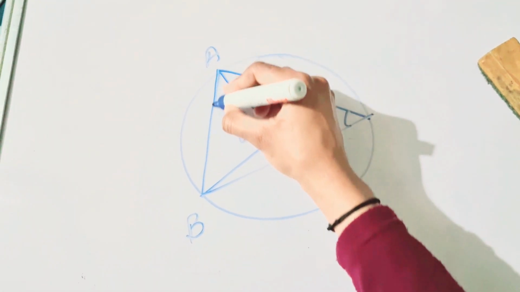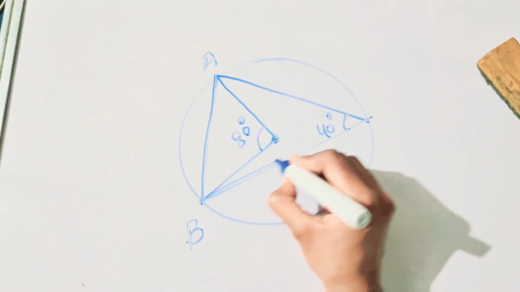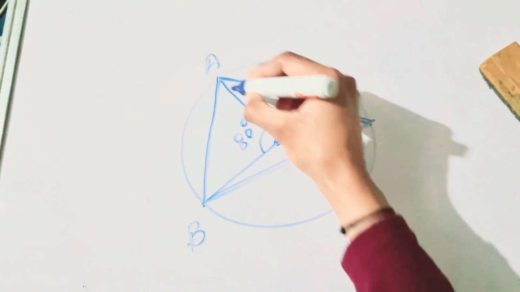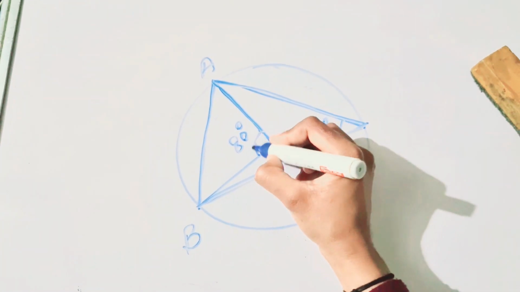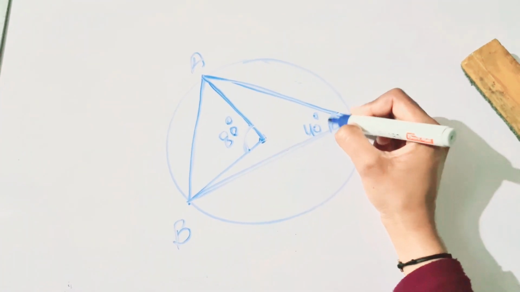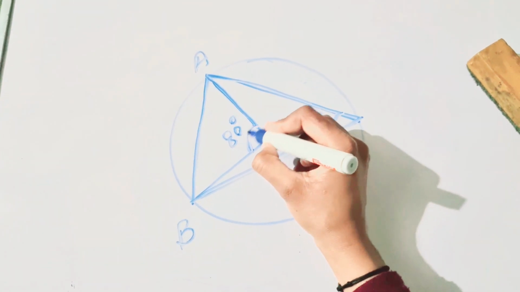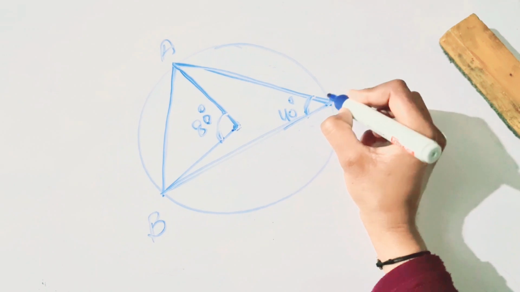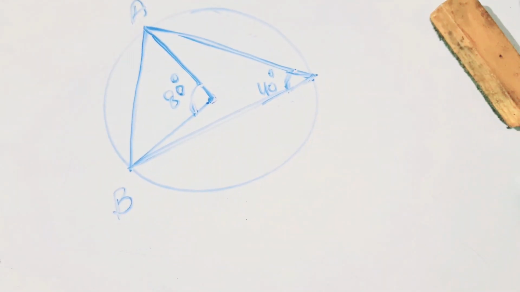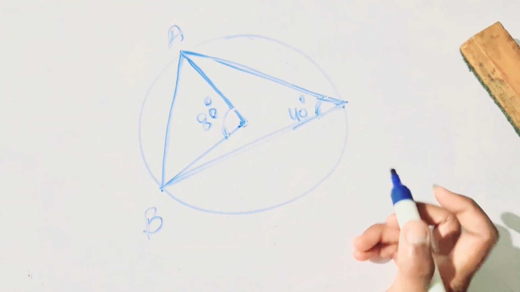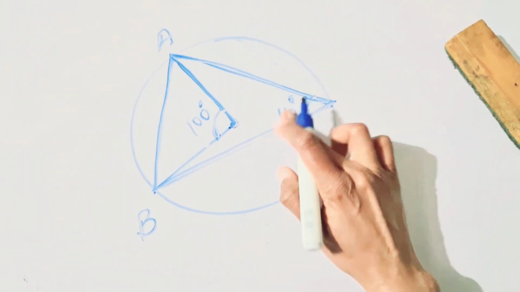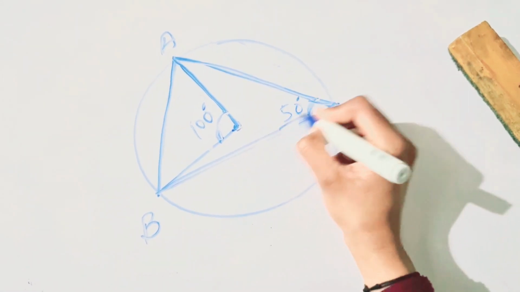That means the angle drawn by the chord in the major segment. Or another way we can say that these are the corresponding angles, but the angle drawn at the center is double that drawn on the circle. If this is 100 degrees, that time this angle will be 50 degrees.